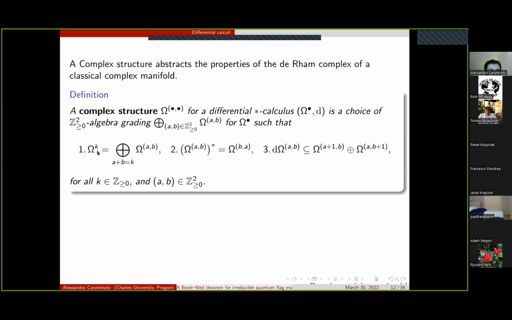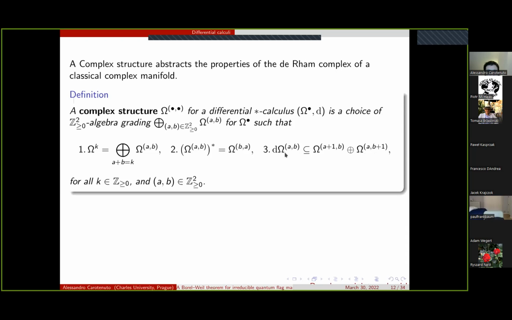So K forms are given by AB forms, AB complex forms such that A plus B is equal to K. I have this obvious compatibility between the star structure and the Z2 grading. And finally, I require that when I apply the differential to omega of AB, I land inside the direct sum of A plus 1,B and A,B plus 1.